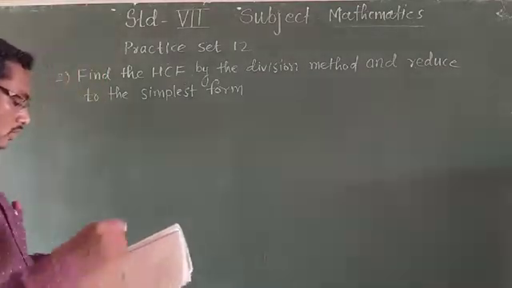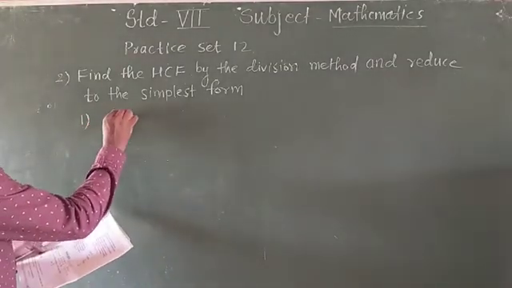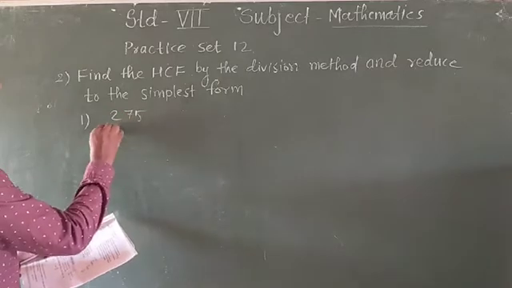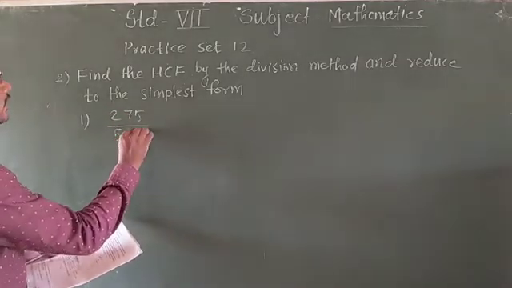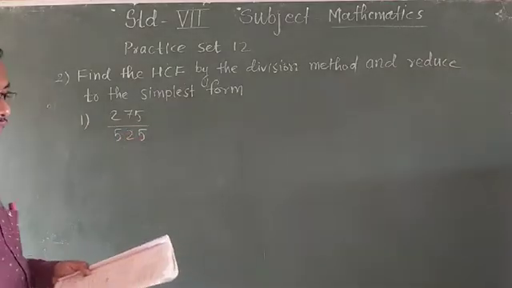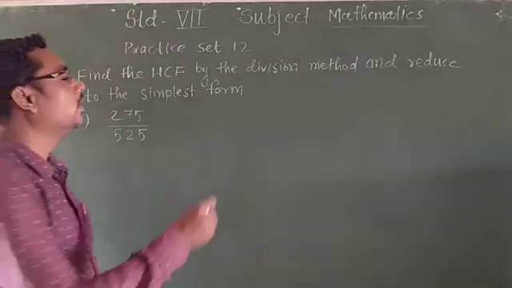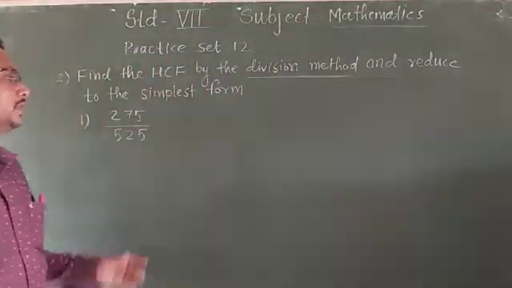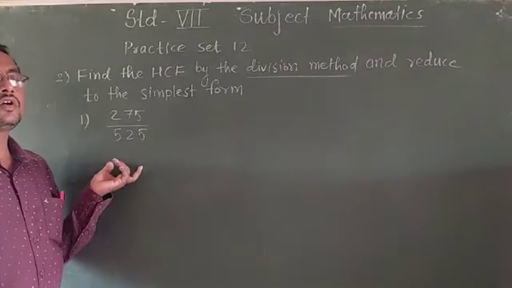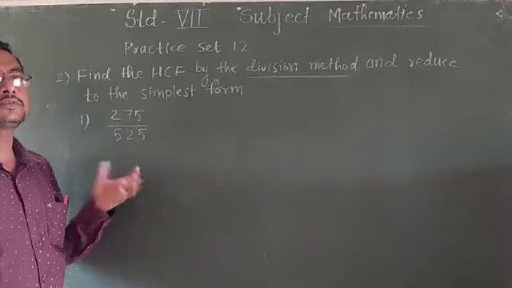Okay, the first question is 275 by 525. Now look here, we have to use the division method. In the division method we have to divide the biggest number by the smaller number.